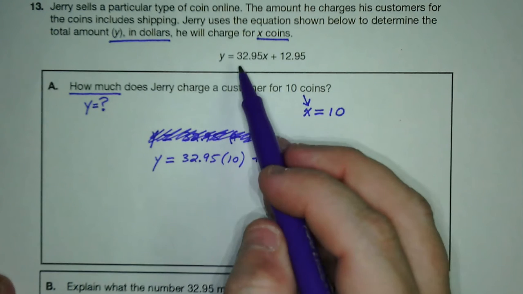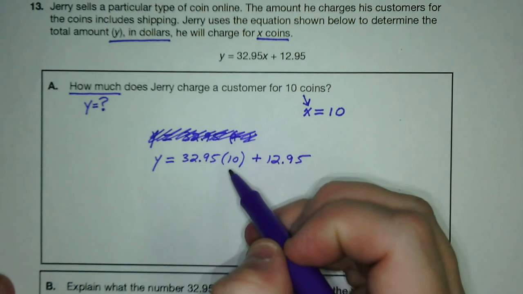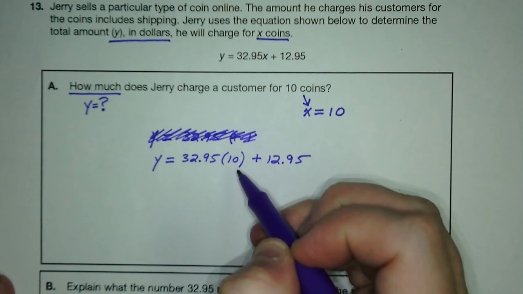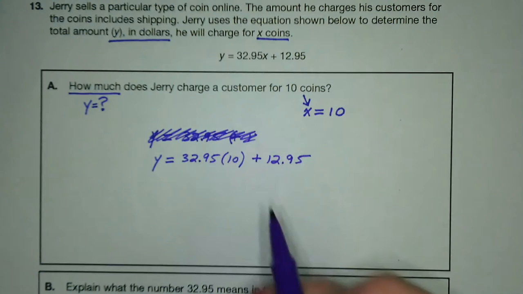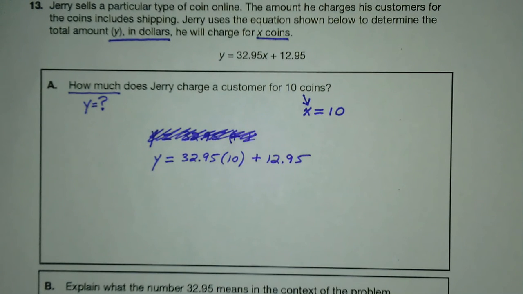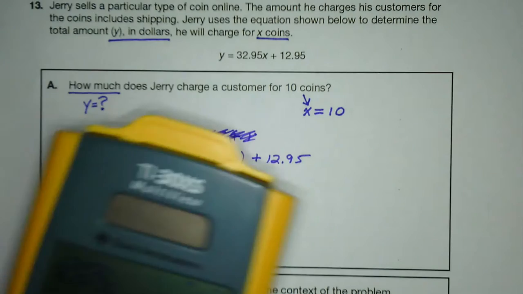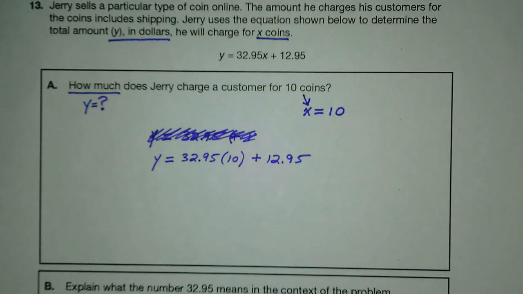So we get the numbers right here, 32.95 times 10, that is x, plus 12.95. Now, again, you don't want to be a hero here, a mental math hero. I'm just going to go ahead and do 32.95 times 10 plus 12.95.